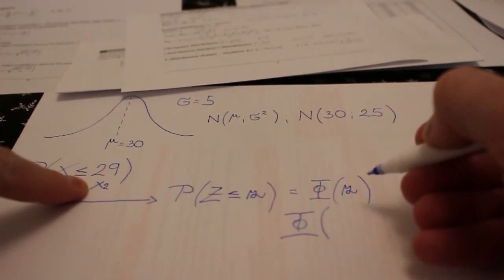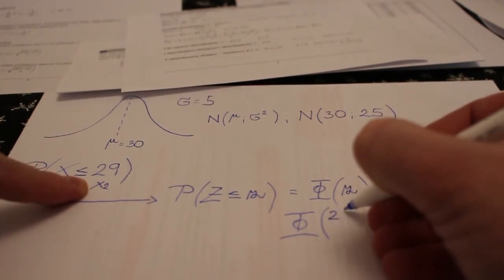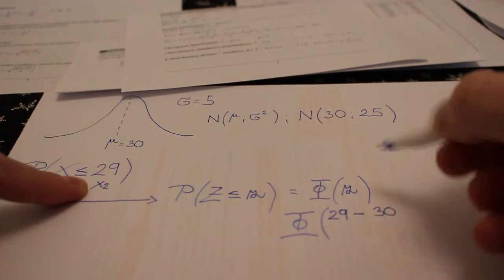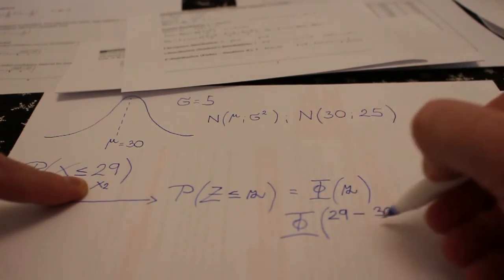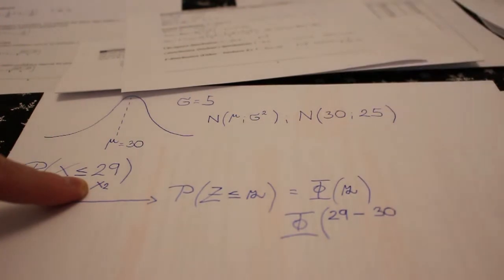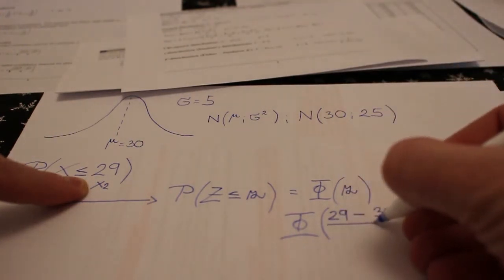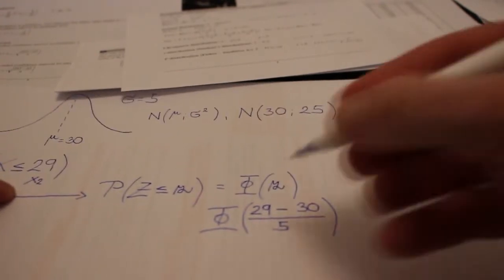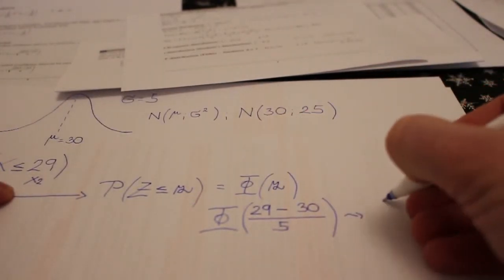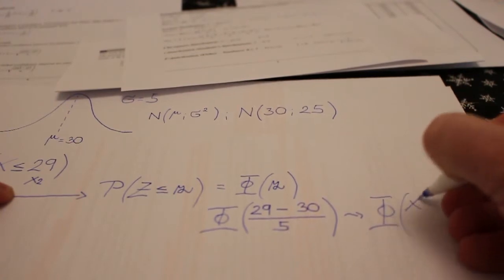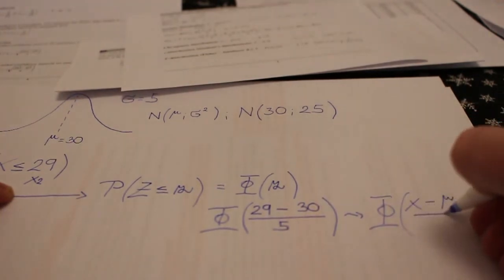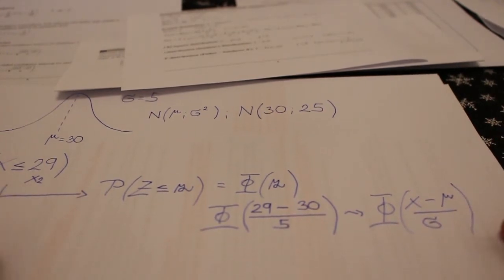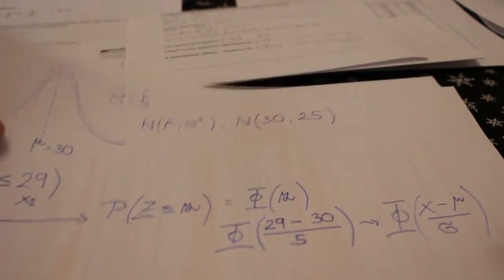Where is my value x? 29 minutes minus 30 minutes. Mu is a parameter of this normal distribution, divided by sigma, 5 minutes. So here is phi of x minus mu divided by sigma. Do you know where I found these values?